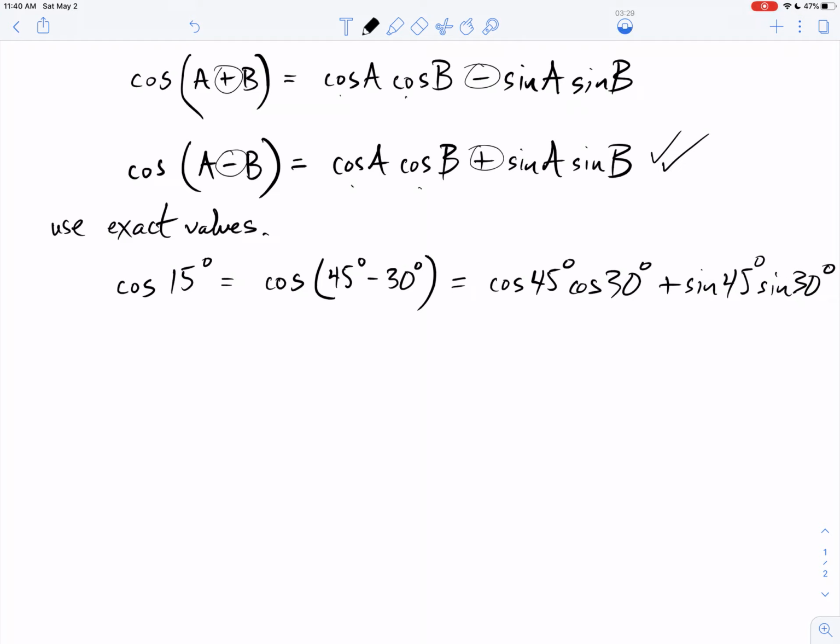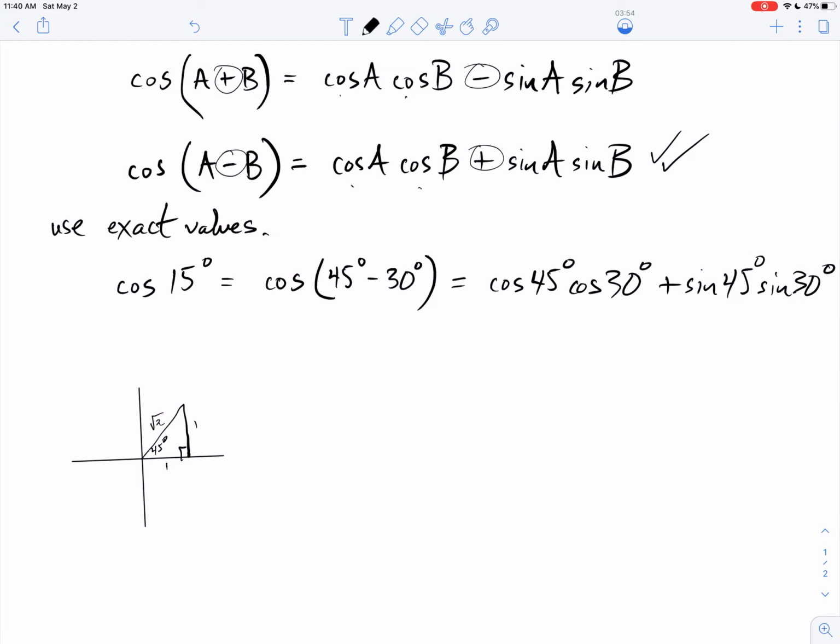So how do I do this? Well, it's back to reference triangle town. I know I could draw a reference triangle that has a 45-degree angle in it, and I would do the same stuff we did right at the beginning of this. Opposite would be 1, over here would be a 1, and this would be a root 2.